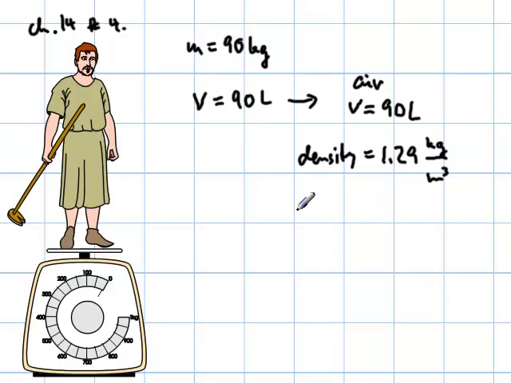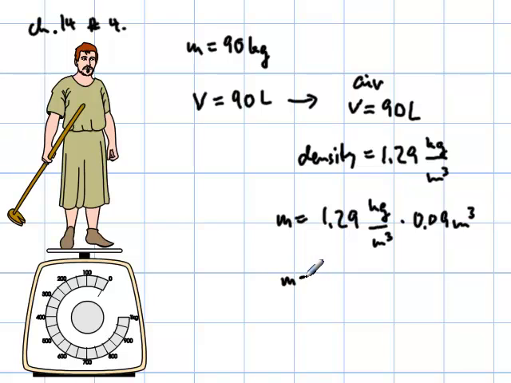Okay, so next thing is that the mass of the air that I'm displacing is the density times the volume. So 1.29 kilograms per cubic meter times 90 liters, but my volume units need to match, so I'm going to have 0.09 cubic meters because there are 1,000 liters in the cubic meter.